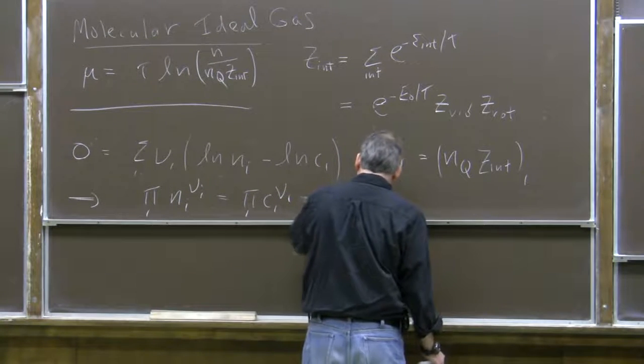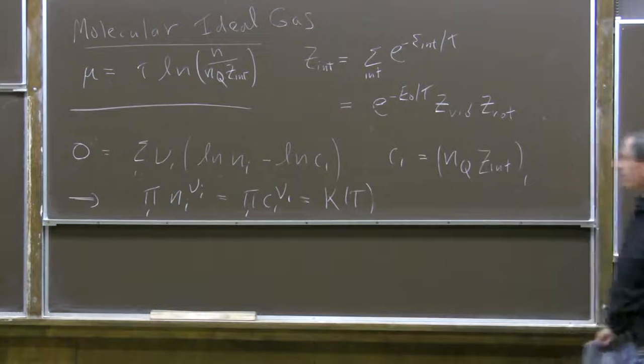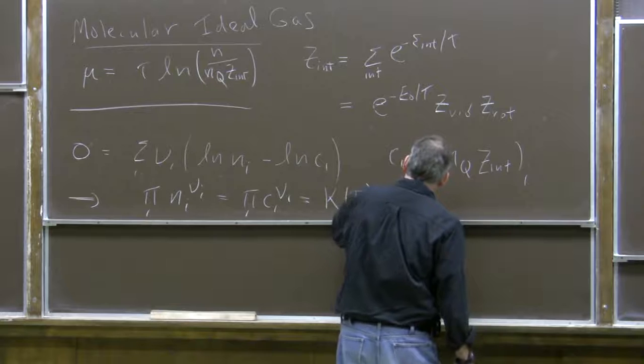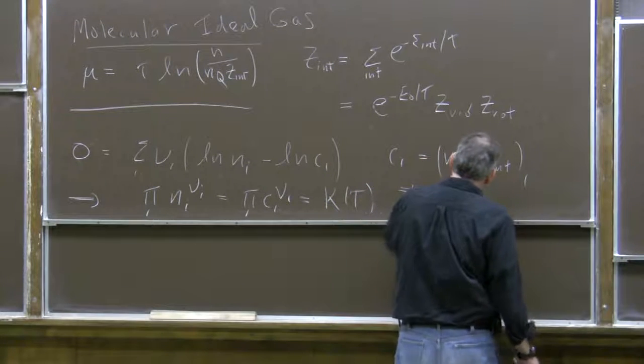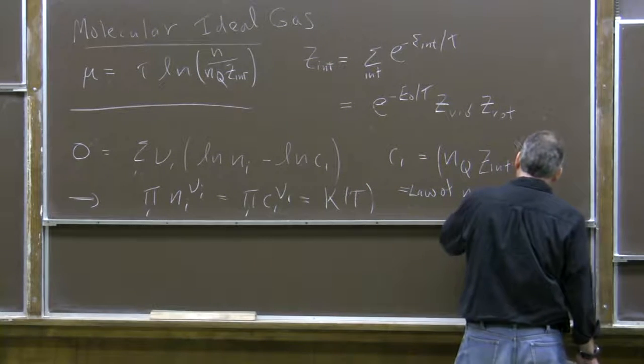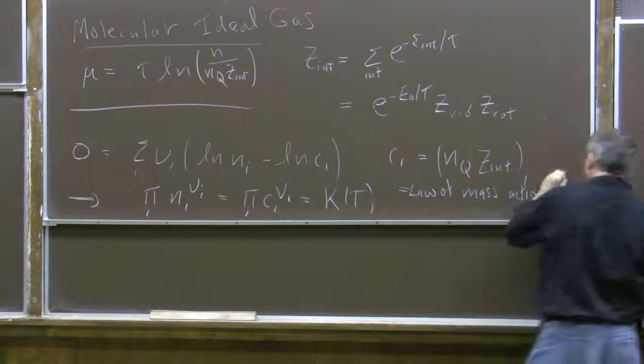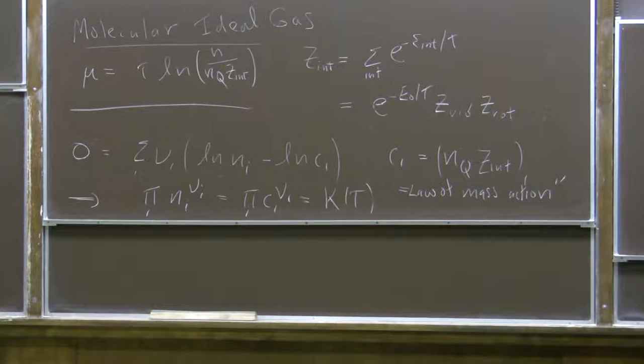I'll call it K of tau. So that's the law of mass action, which governs the equilibrium concentrations in a chemical reaction where all the species can be treated as ideal gases.